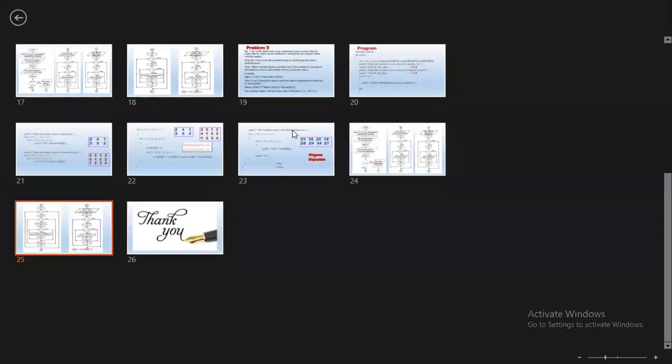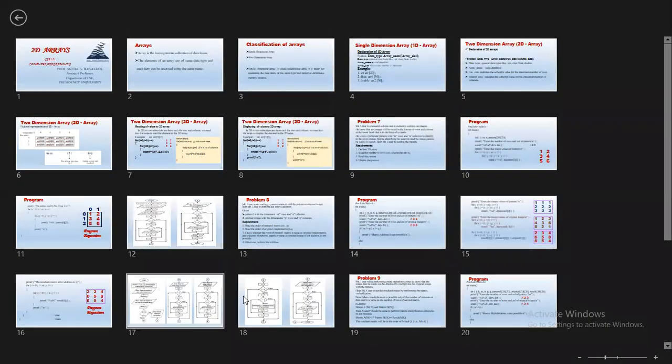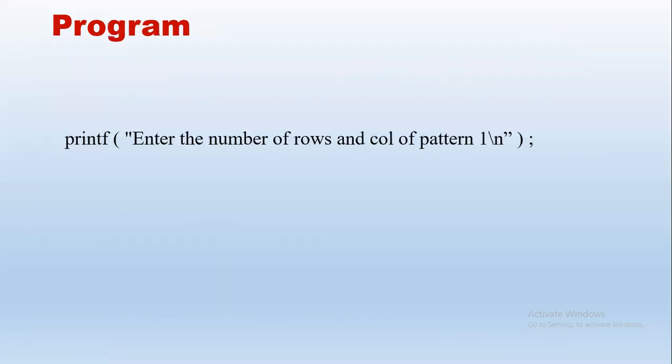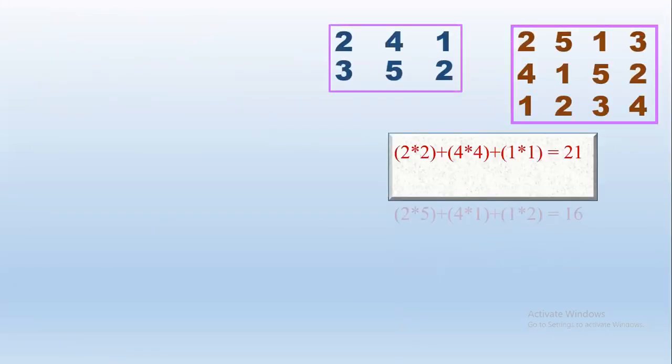Note that there are 3 nested for loops. Outer loop for I, and representation also you have to take care. Inner loop is for J, and innermost will be for K. Yes, we will get the flow chart now.